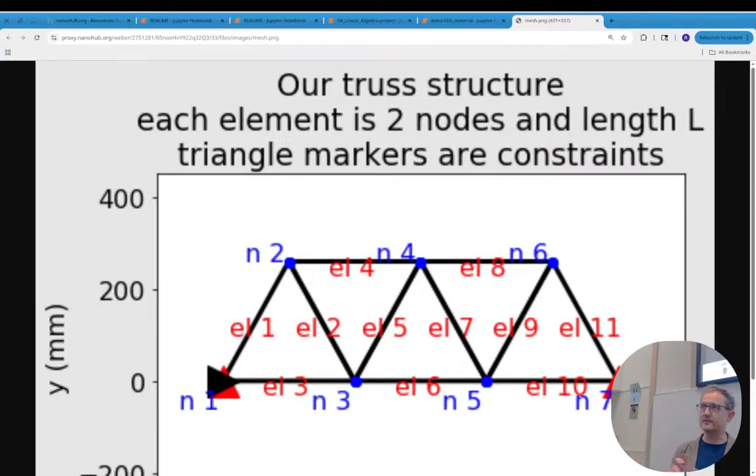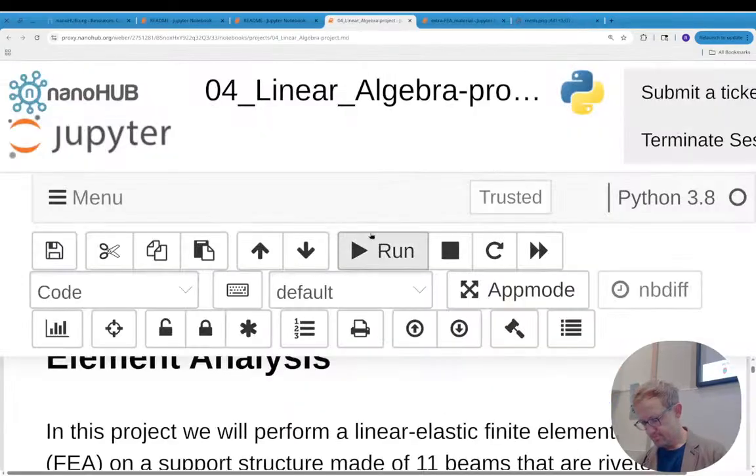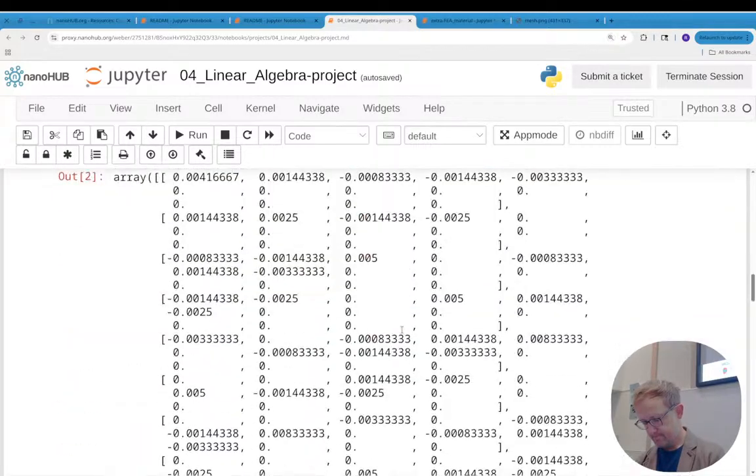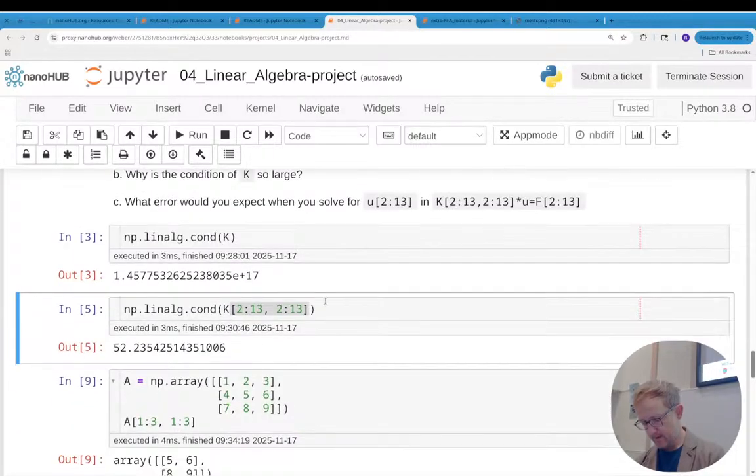We can only move left and right, at least from our boundary conditions. And then we can actually solve the problem. At least we can get a solution.